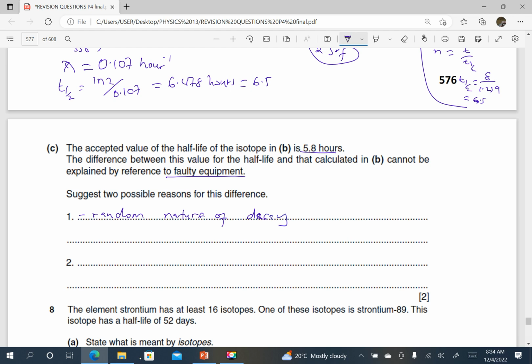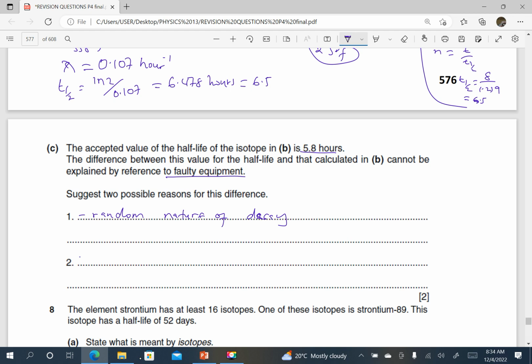Remember, radioactivity is both random and spontaneous. Random in that we cannot predict which nucleus in a given sample will decay next. So that is the random nature. So it means we could have underestimated the actual value, the expected value, compared to what is really observed.